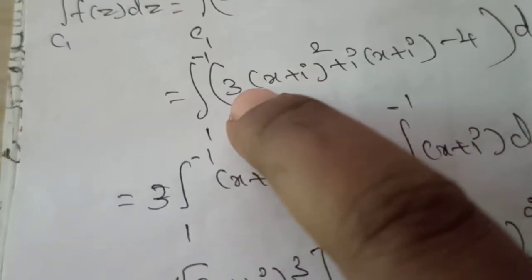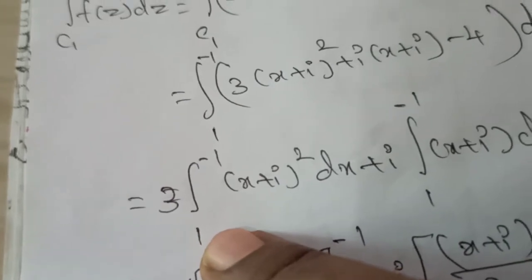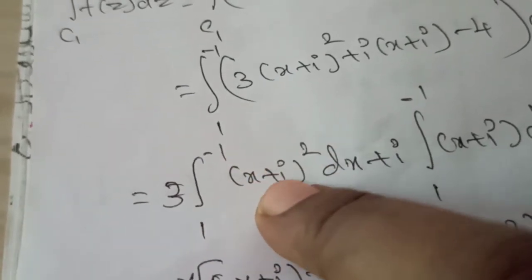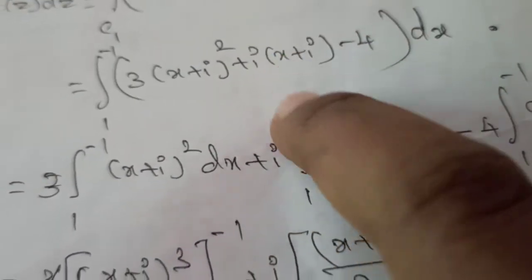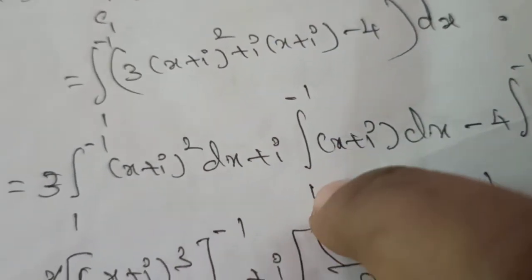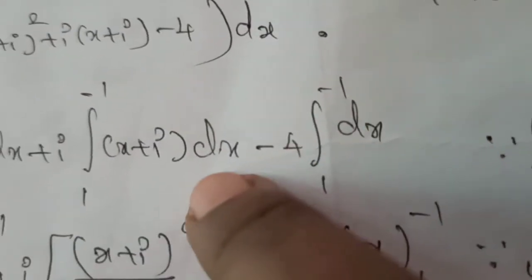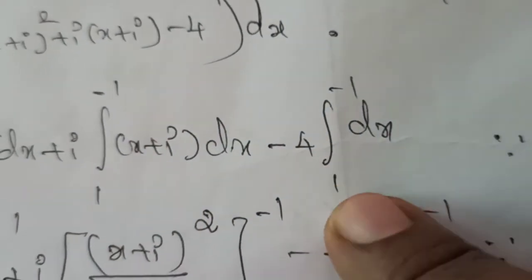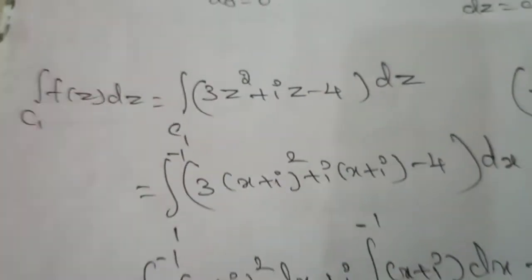The first term has the constant 3, take it outside: 3 into integration from 1 to minus 1 of x plus i the whole square into dx. The second term has i as a constant, take it outside: i into integration from 1 to minus 1 of x plus i into dx. Next, minus 4 is a constant, take it outside: minus 4 into integration from 1 to minus 1 of dx.